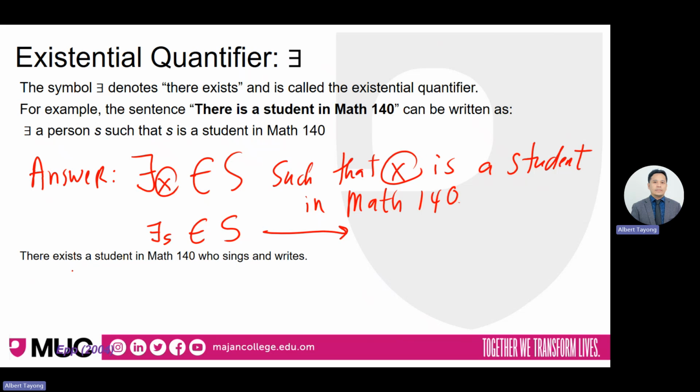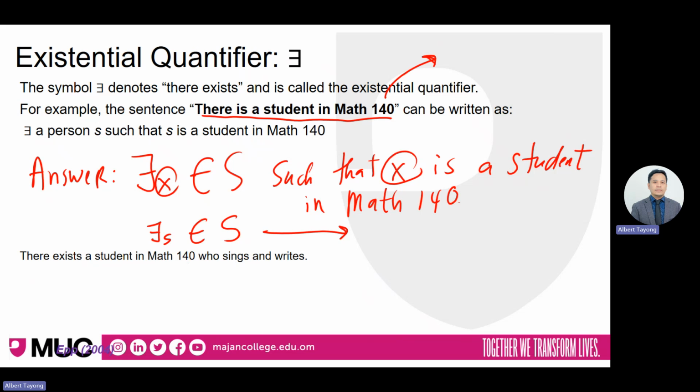What's the difference? Here, there exists a student in Math 140. Here, we just describe. We just say there is a student. There exists a student in Math 140. But we are not telling any action, what they're doing. We just say that there are students, or there exist students.